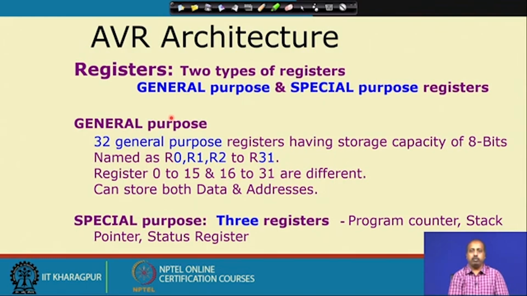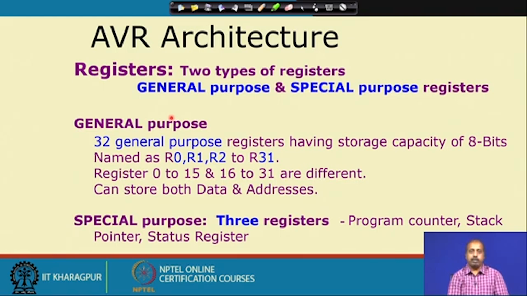Like in 8051 we have got the registers, but for indirect addressing we can only use R0 and R1, or in 8085 we have this HL pair that can be used as memory pointer, but not all of them. In the AVR architecture, all these registers can be used as data or address.